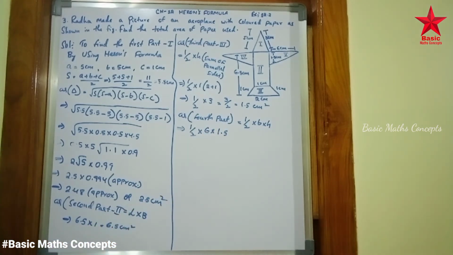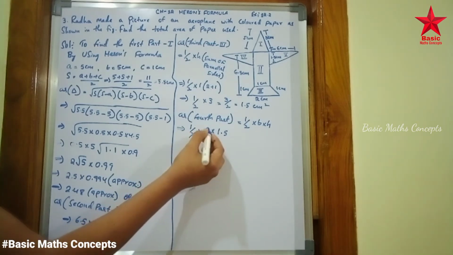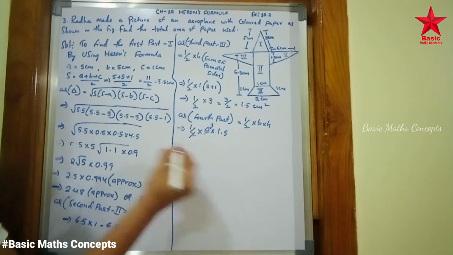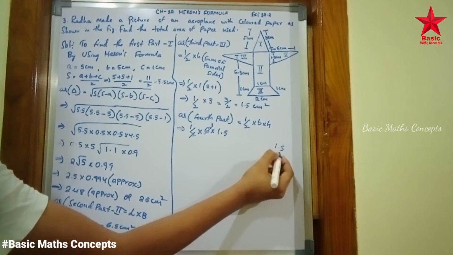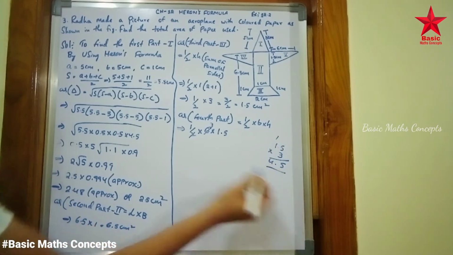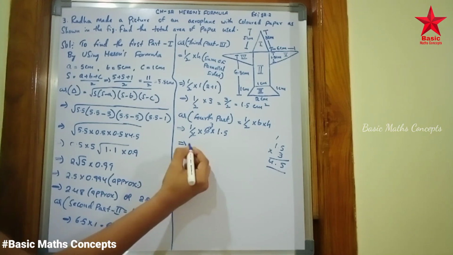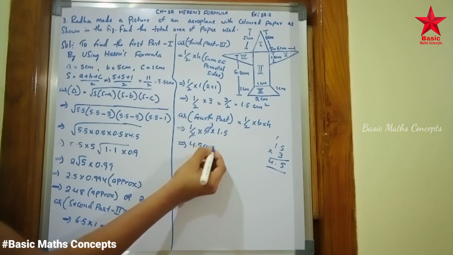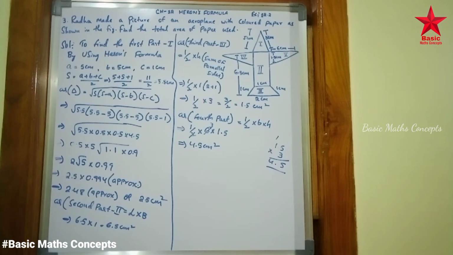Now we can do cancellation: 2 ones are 2, 2 threes are 6. So multiply 1.5 into 3, which gives 4.5. So this implies 4.5 centimeters square. So we got the fourth part also.